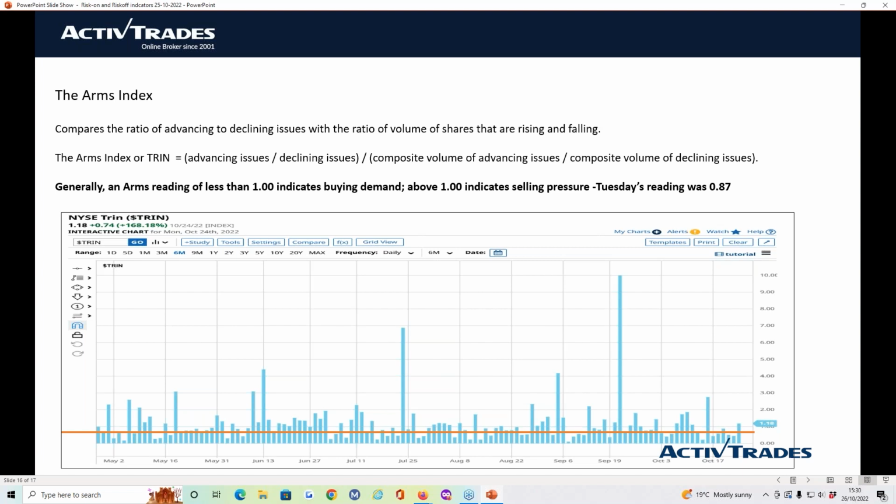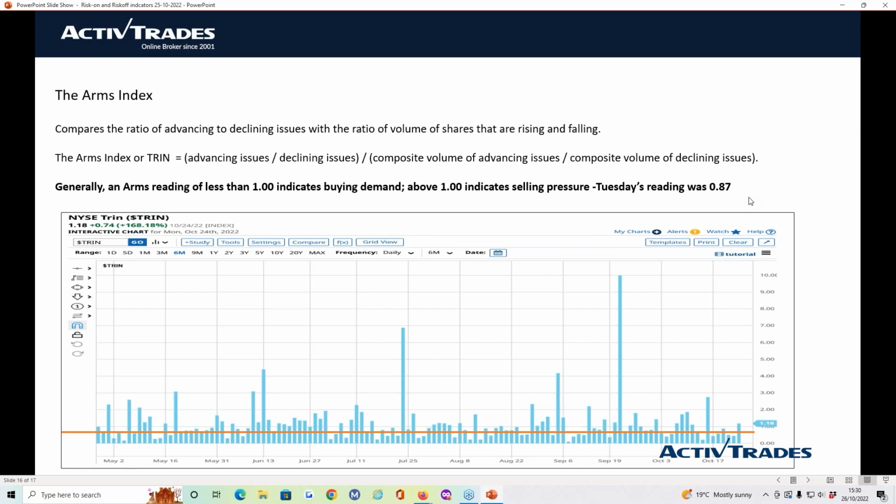Basically, when we see an ARMS reading of less than 1, it indicates that buying demand is dominant, and readings above 1 indicate that selling pressure is dominant. The reading on Tuesday morning was 0.87, and so that showed that, as we've seen, there was strong buying demand overnight on the TRIN index.